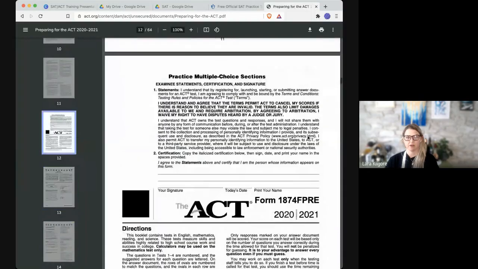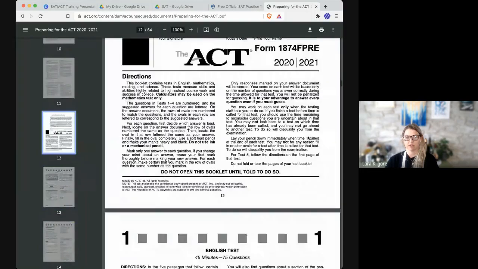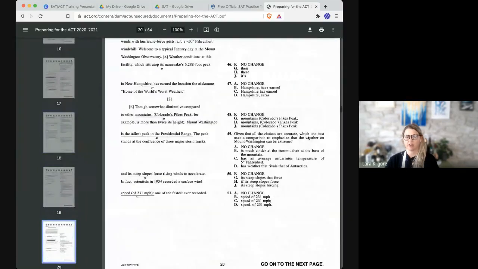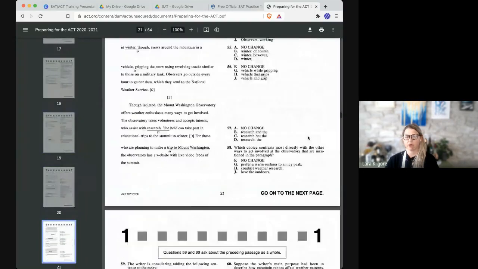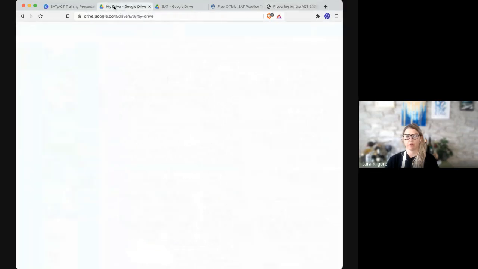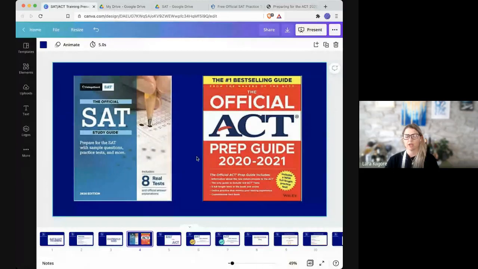And so down here on page 12, that's when they actually start the test. So that's a great resource if the student doesn't have their book yet and you want to work on the same thing, or if you work through the entire book and you need some extra materials.